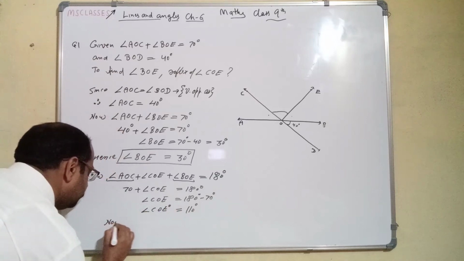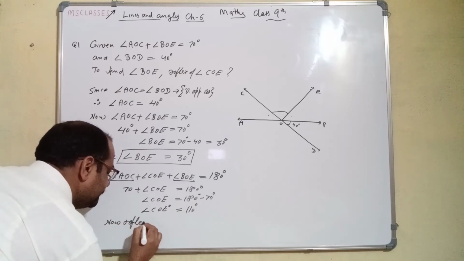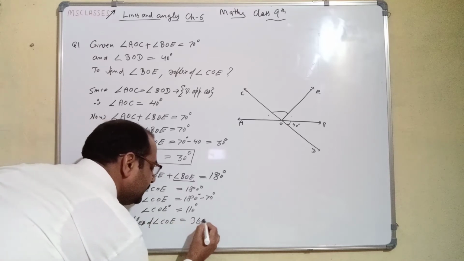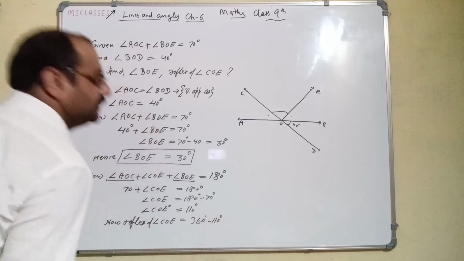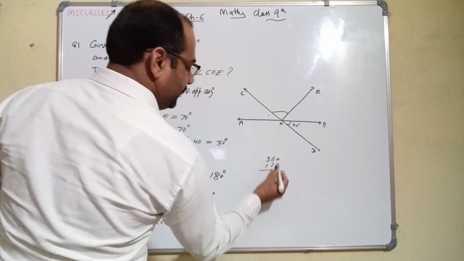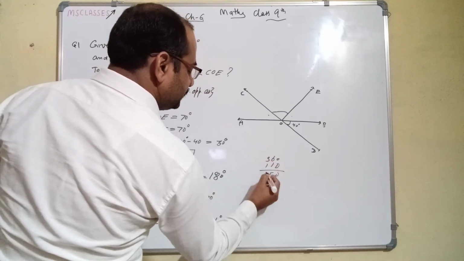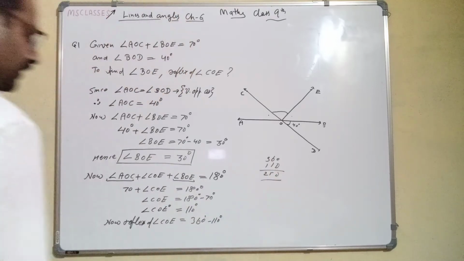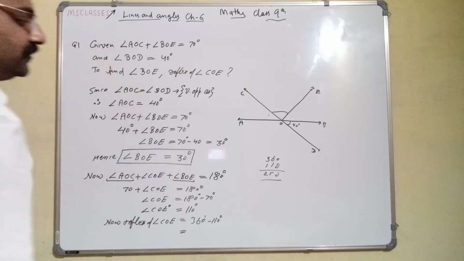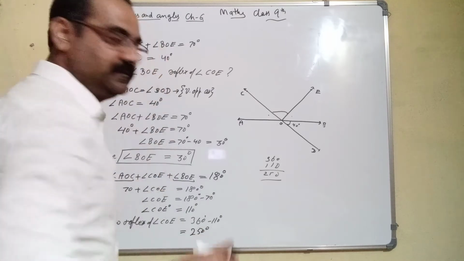Now reflex of angle COE is equal to 360 minus 110 degree. Guys, 360 minus 110, this is equal to 250, right?